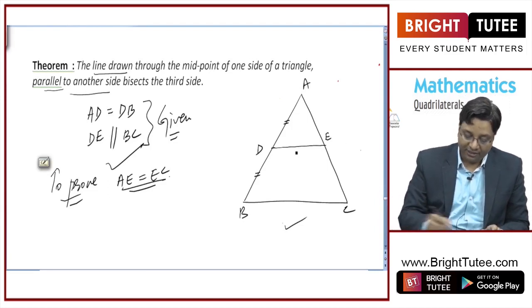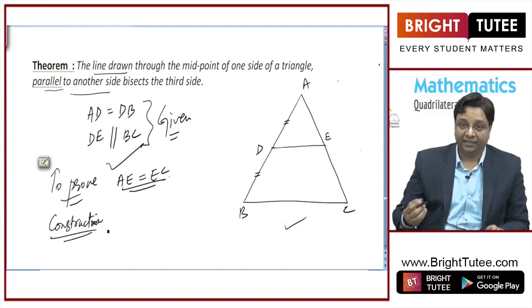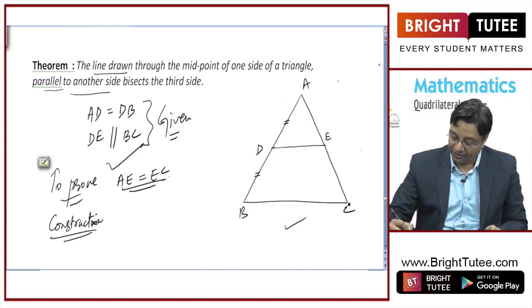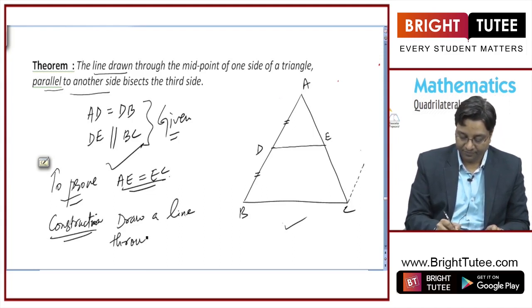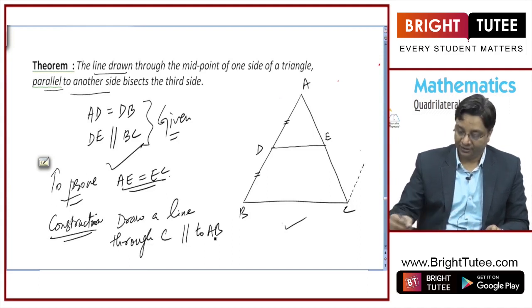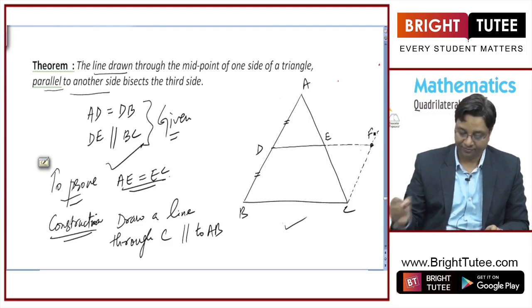Now for the construction, I need to extend DE and let it meet with a line passing through C and parallel to AB. So I draw a line through C parallel to AB, right, and extend DE to meet this line here at F, right.